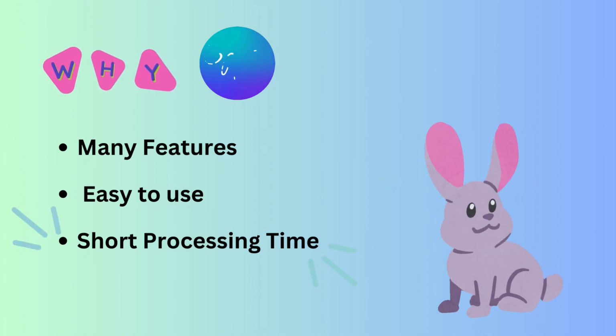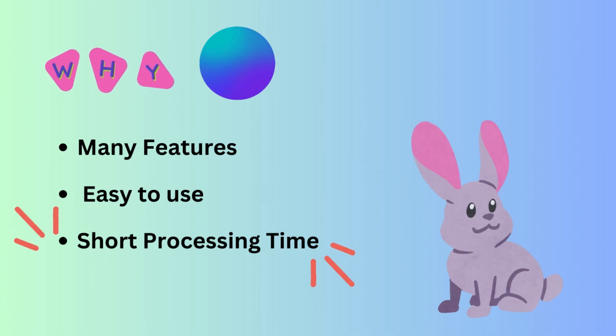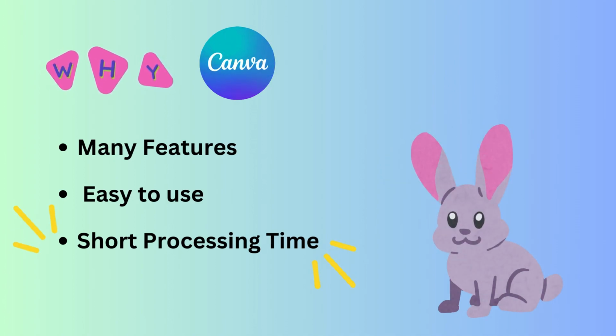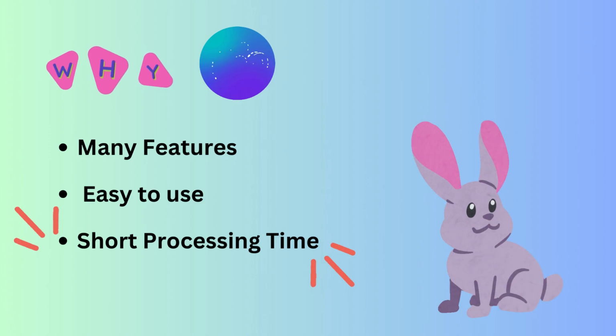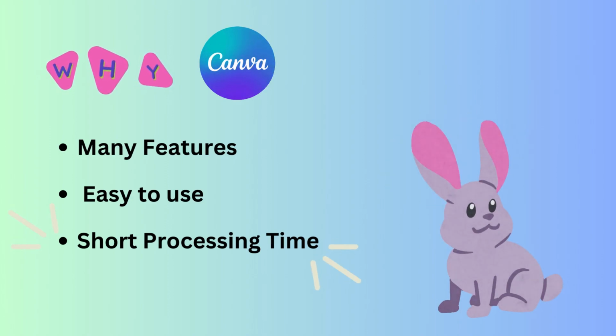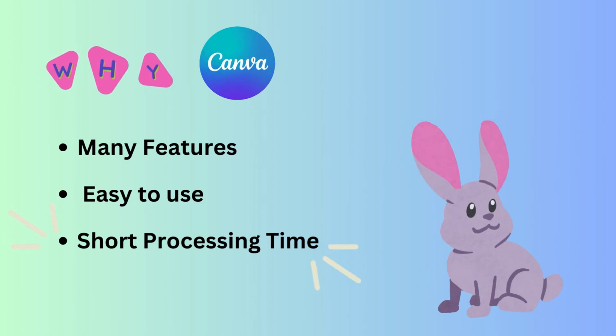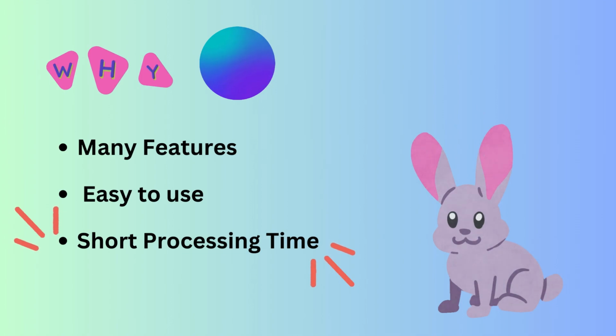Unlike many other softwares like maybe OpenShot and CapCut, they take quite a long time to export a video that you have edited. For Canva, it usually just takes a few minutes or sometimes even seconds to download the final version of your video.